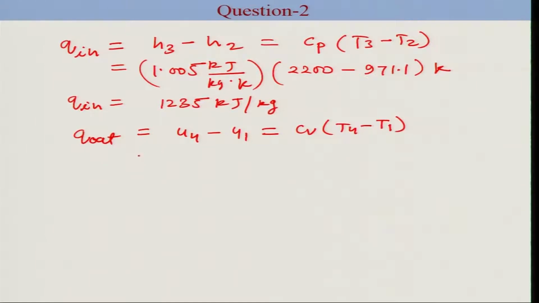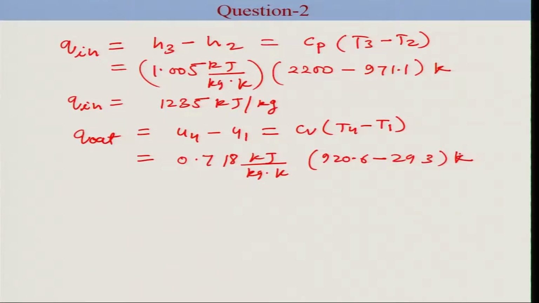From the properties table we can get the Cv value, which is 0.718 kilojoule per kg Kelvin, times the change in temperature, which is 920.6 minus 293 Kelvin. So after solving it, we get Q out equal to 450.6 kilojoule per kg.